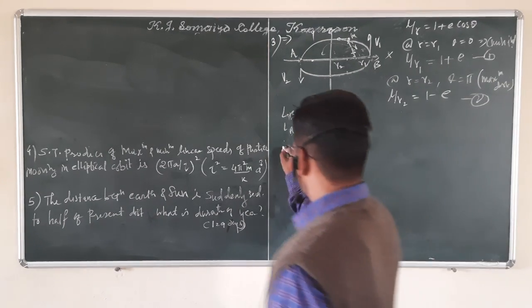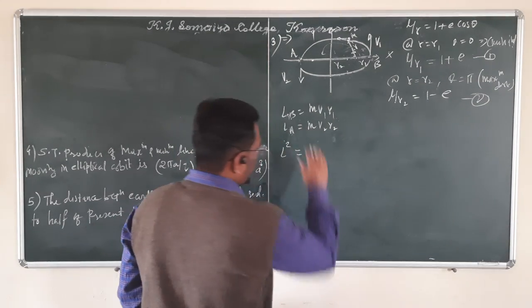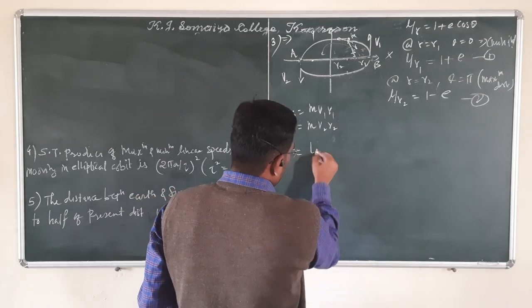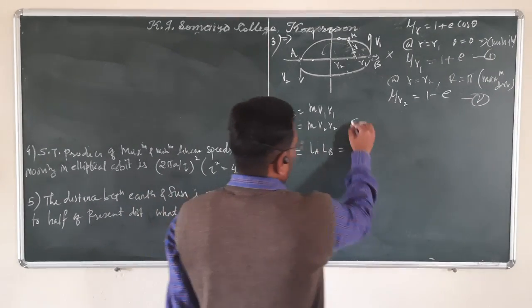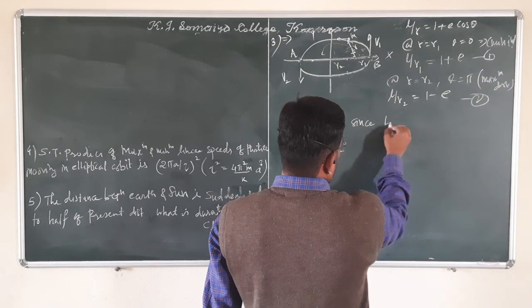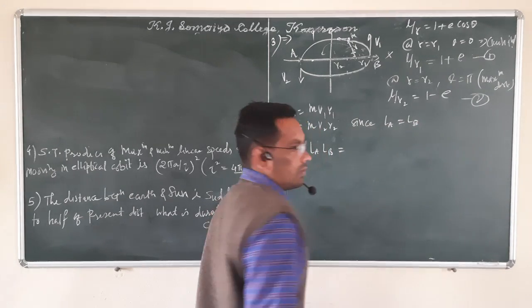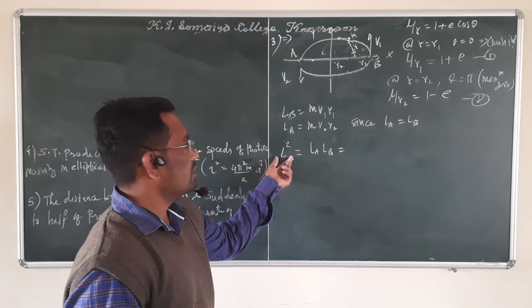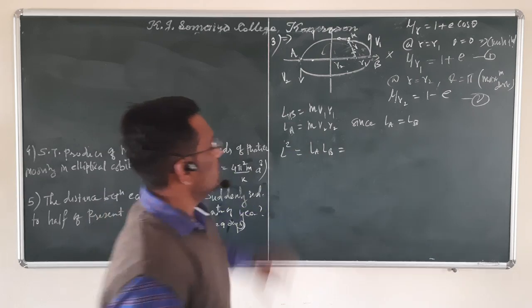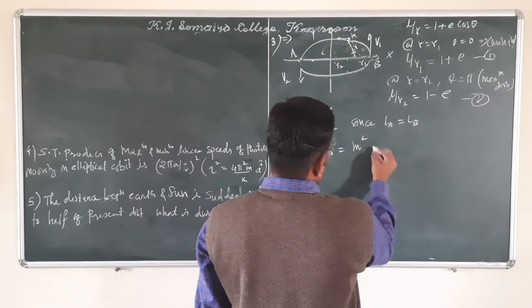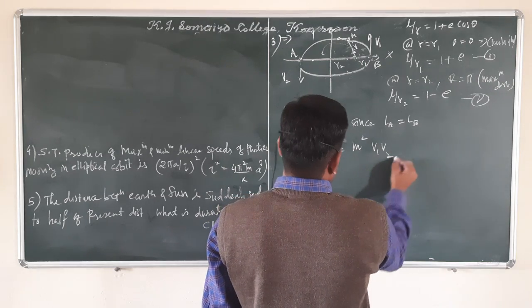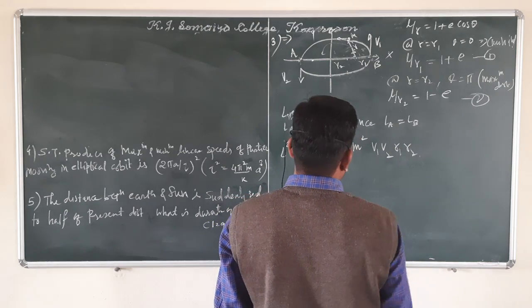Now L square is the product of these, which is nothing but LA into LB, since LA is equal to LB, meaning angular momentum at A is equal to angular momentum at B. If you take the multiplication of these two, that will become m square v1 v2 multiplied by r1 r2.